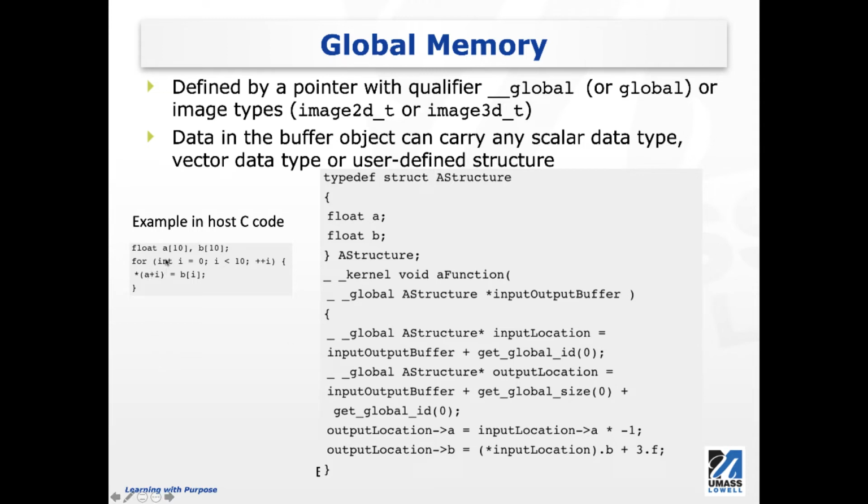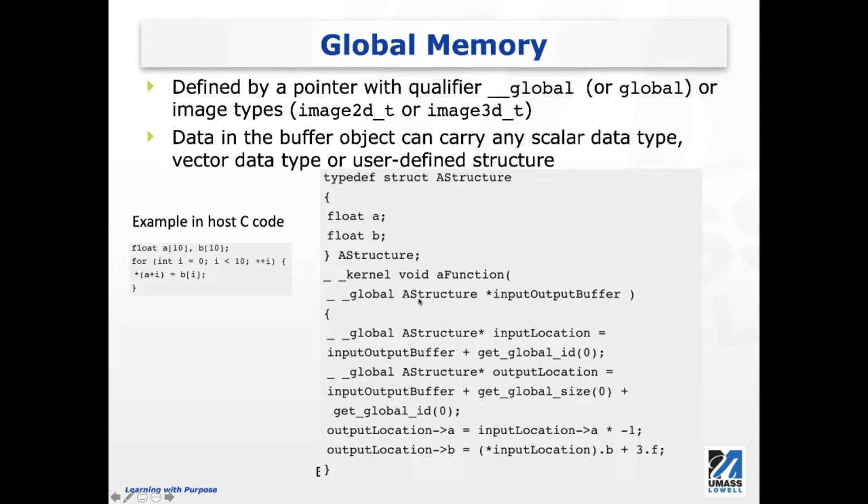We have a for loop, and that is to copy the values from one array to another array, but with some offset. So what we're doing here in the OpenCL code is, first, we define a structure which has two floating point variables. And we define a kernel function, and that's taking one argument, which is the input-output buffer that's allocated in the global address space.